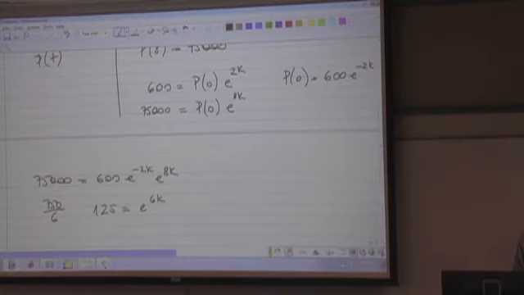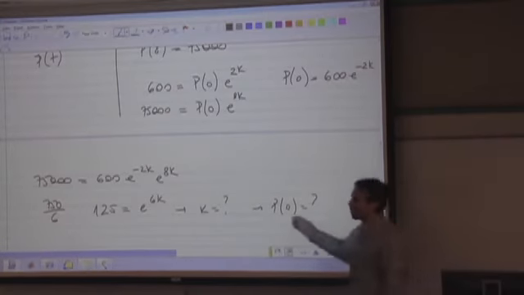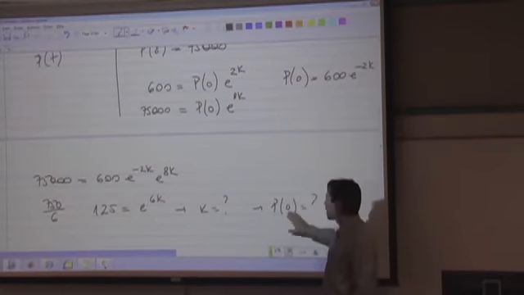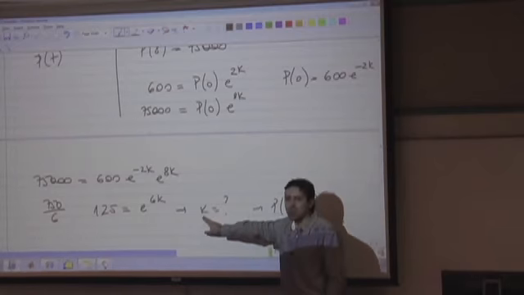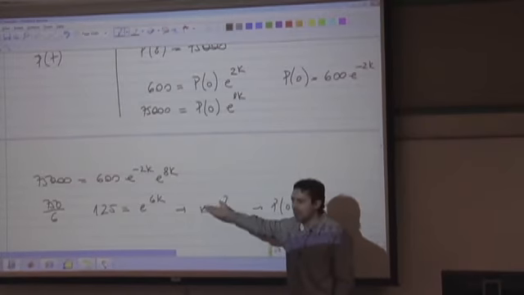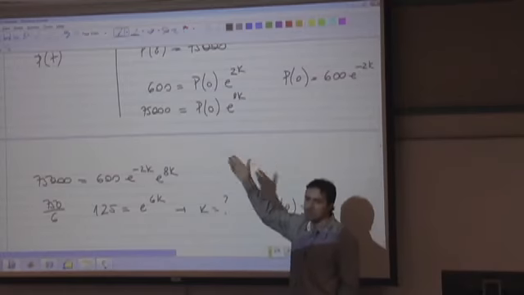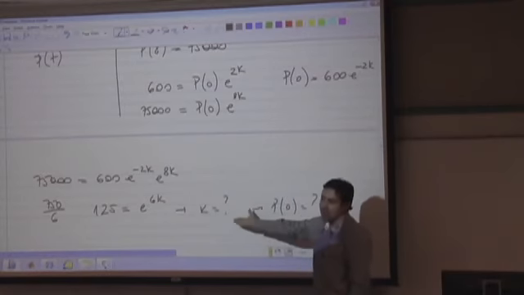So from here, clearly, you can figure out what k is, and then you can figure out what P of 0 is, right? Technically, part A asks you for the initial population. So I could have proceeded in a different way to get the population directly without coming up with k. But as it turns out, part B asks you for the actual original function, P of t equals everything. So you're going to have to come up with k anyway.